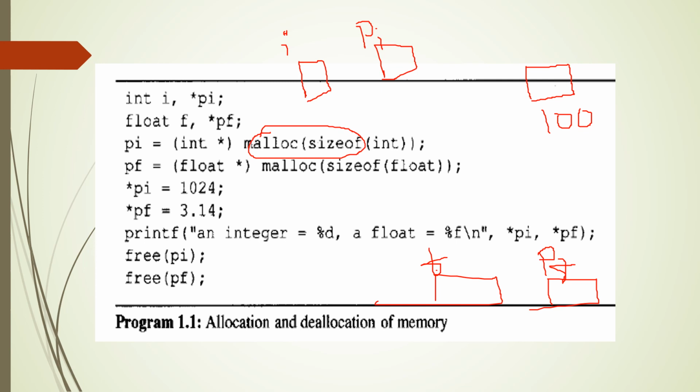That address is going to be stored into pi. So now pi will receive 100. Soon after the value 100 is stored into pi, pi is pointing to this memory block. So if you want to perform any operation on this block, you have to go through pi. So pi is created at the time of compilation, and this block is created at the time of execution.